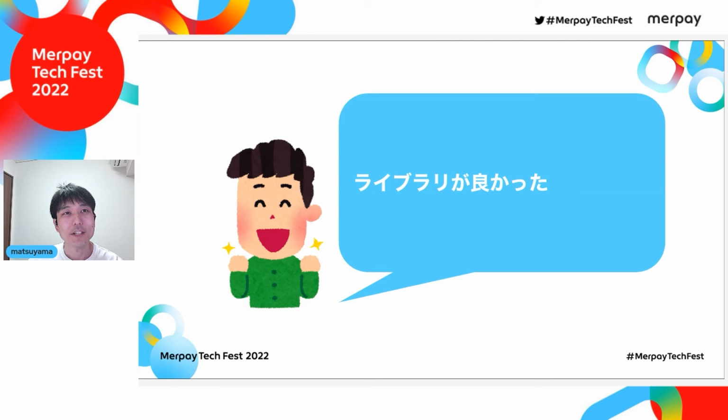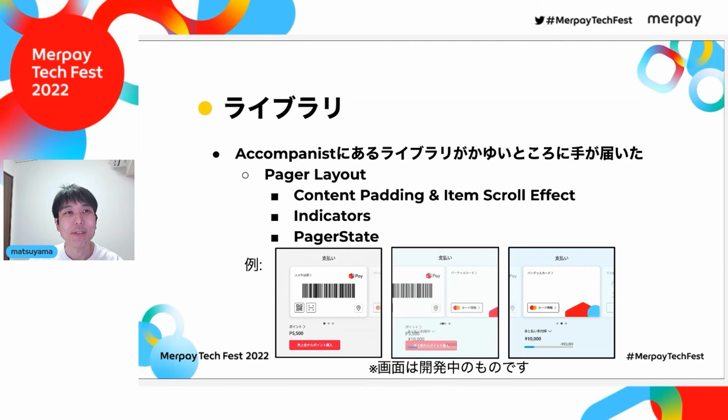Next is not about Jetpack Compose itself, but about the library. In the renewal of UI for Merpay tab, this kind of carousel type UI was adopted, and this requirement was almost feasible with the pager layout accompanist. Snapping in the middle was also possible by default. Also, there were requirements that cards that are not centered, with spacing between them, would be slightly translucent.